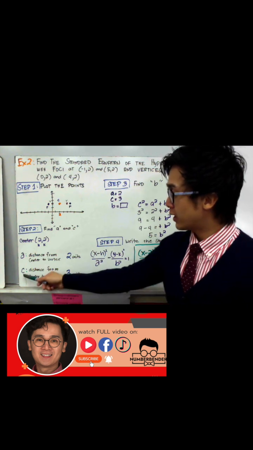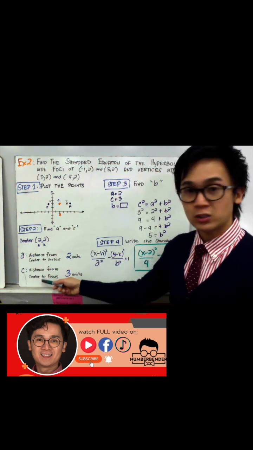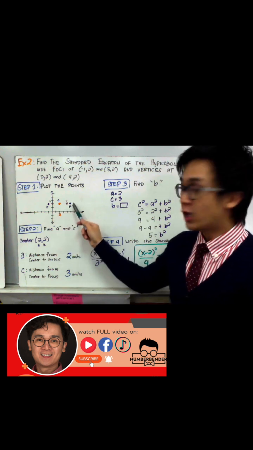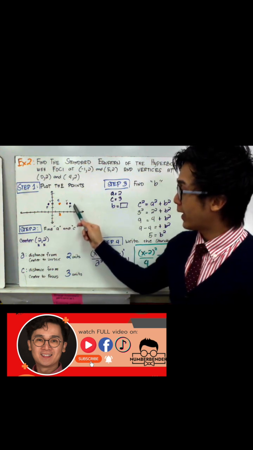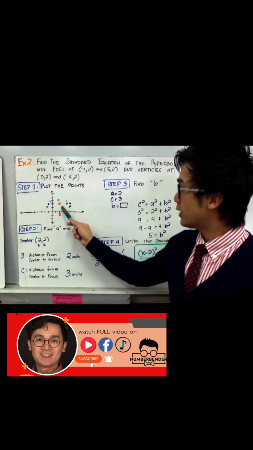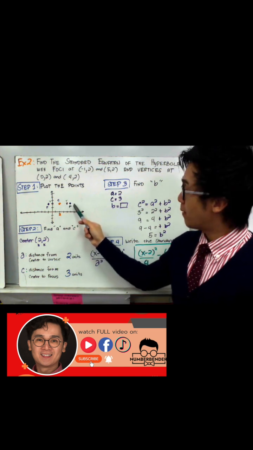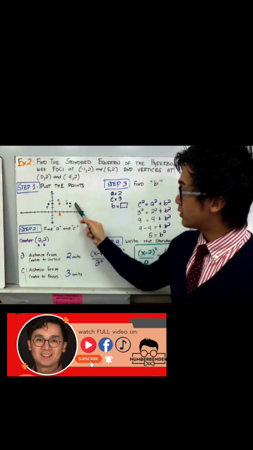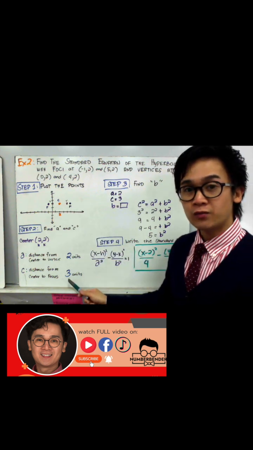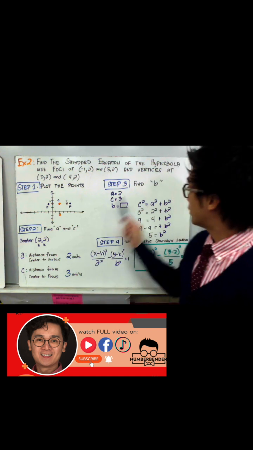And for your c variable, you have the distance from the center to the focus. The distance from the center to the focus should be larger than the distance of your a. So we are given 3 units because there are 3 units away from the center to the focus, and this will be the value of our c, which we will use in finding our value of b using step number 3.